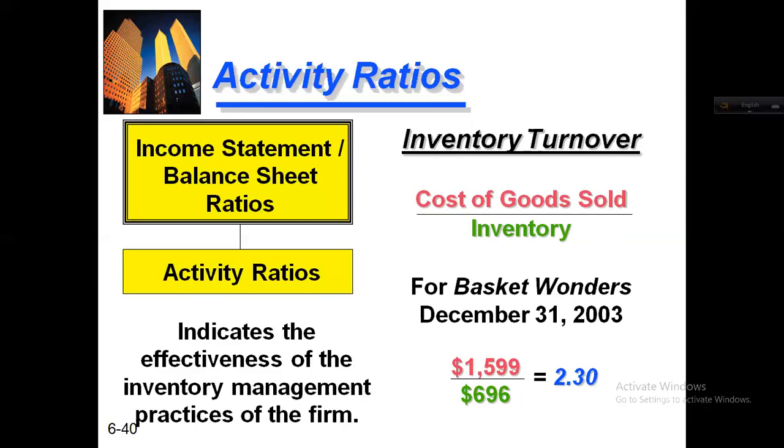That indicates how many times we need to process our inventory in a year. The result is 2.30 times. That means in a year, 2.3 times we need to convert our raw materials into finished goods. And that indicates the effectiveness of the firm's inventory management practice.